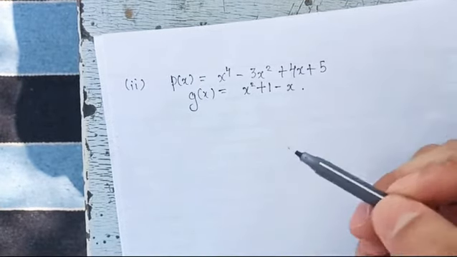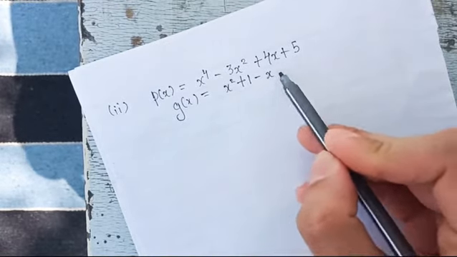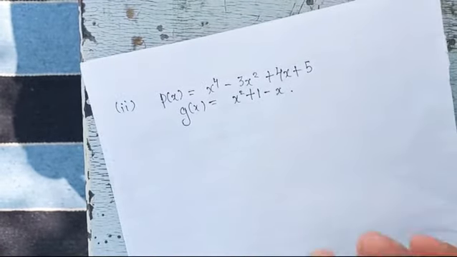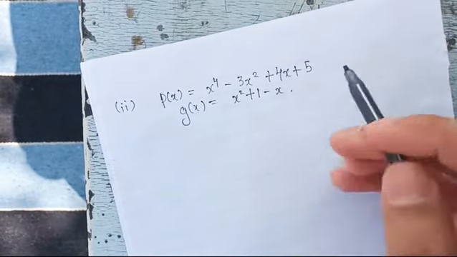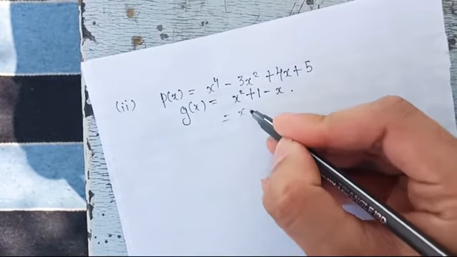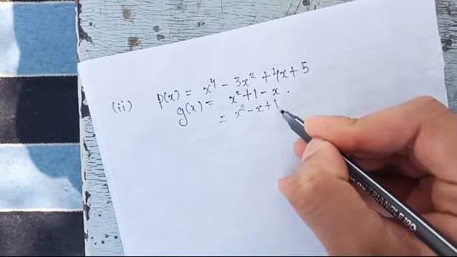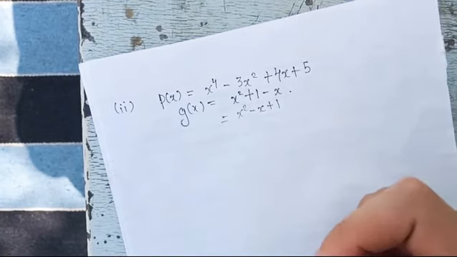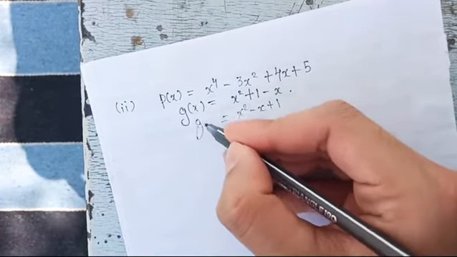Okay, now first of all rearrange this gx in order to solve the question properly. Okay, it is a quadratic equation, but it is not arranged properly, so we need to arrange it. X square minus x plus 1. Okay, that is the gx.